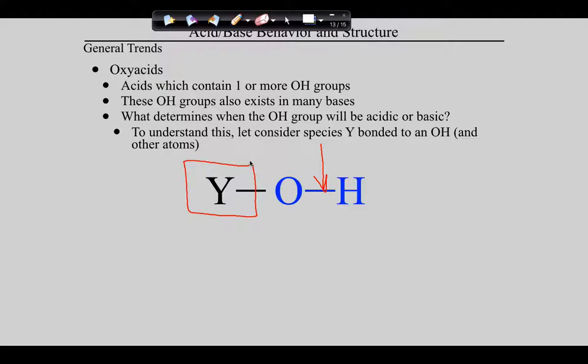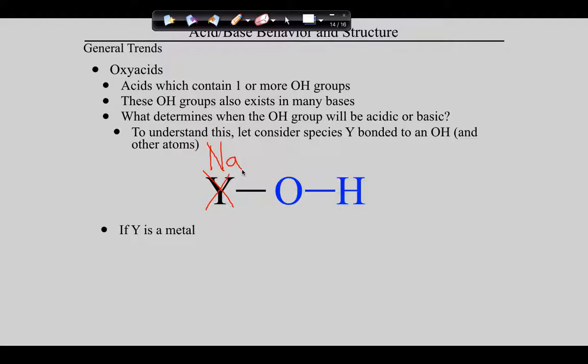You ready to go? Okay, so it goes like this. Guys, let's look at some examples. Example number 1 is this. What if Y is a metal? So let's replace Y with sodium.